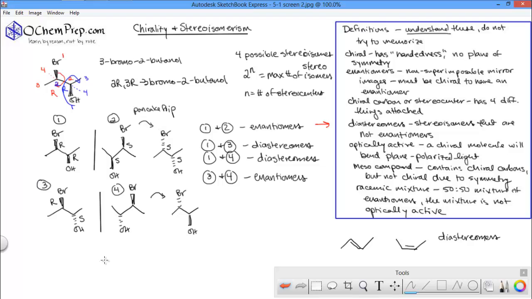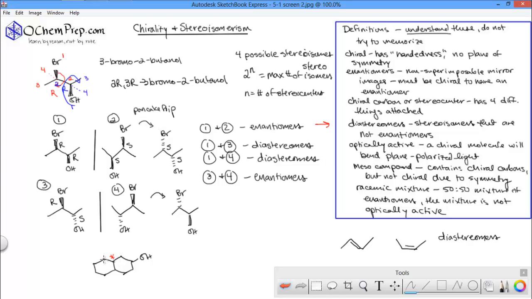So if we look at any compound that has multiple chiral carbons, I'm just going to draw this bicyclic compound here. It is a good thing to go through and make sure you can see the stereocenters in a compound such as this. So what you want to look for is a carbon that has 4 different things attached. So this carbon right here is a carbon that has 4 different things. Now, at first glance, you'd say, well, that is the same as that.